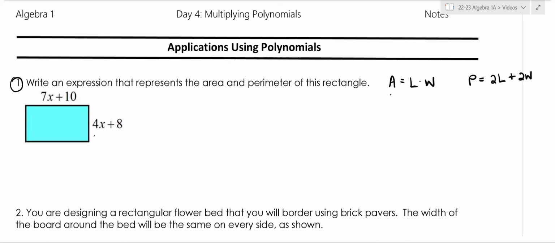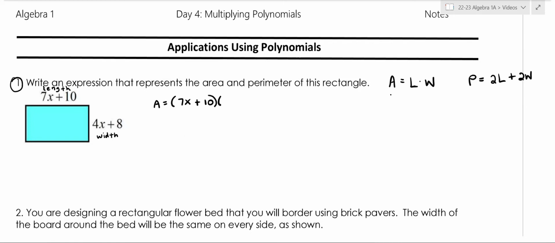So we can say that this one is the length, and it really doesn't matter which one you decide to call which. We'll call that one the width. Clear? So for the area, it's going to be the length, which is 7x plus 10, times 4x plus 8. Each is a quantity that comes together, so we have to wrap it in parentheses.